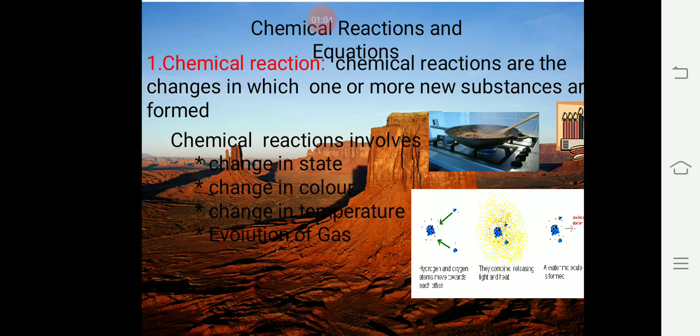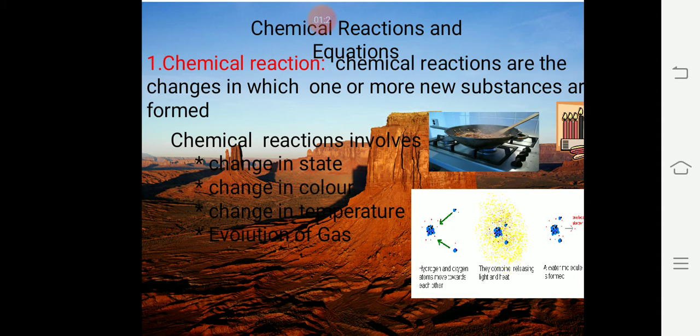Yes, what is meant by a chemical reaction? Chemical reactions are the changes in which one or more new substances are formed. In our daily life we see so many examples of chemical reactions. For example, burning of a candle is one type of chemical reaction. Here one state changes into another state.